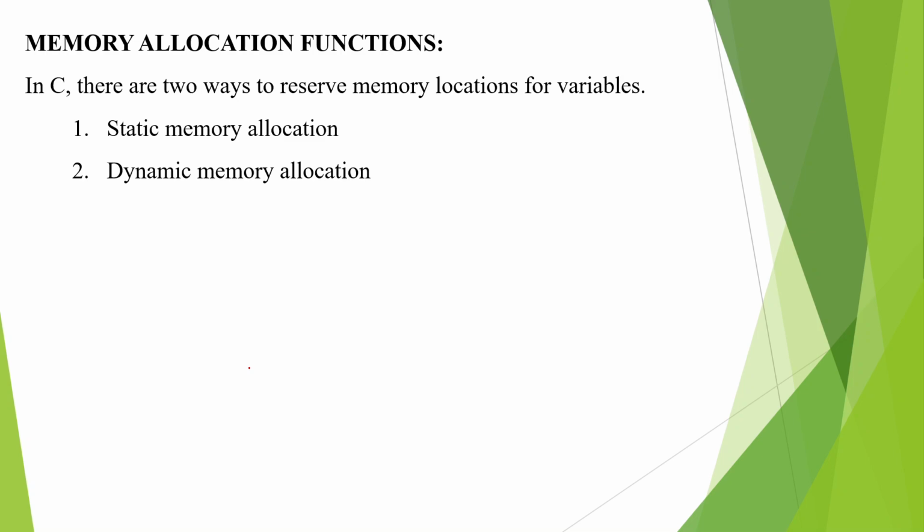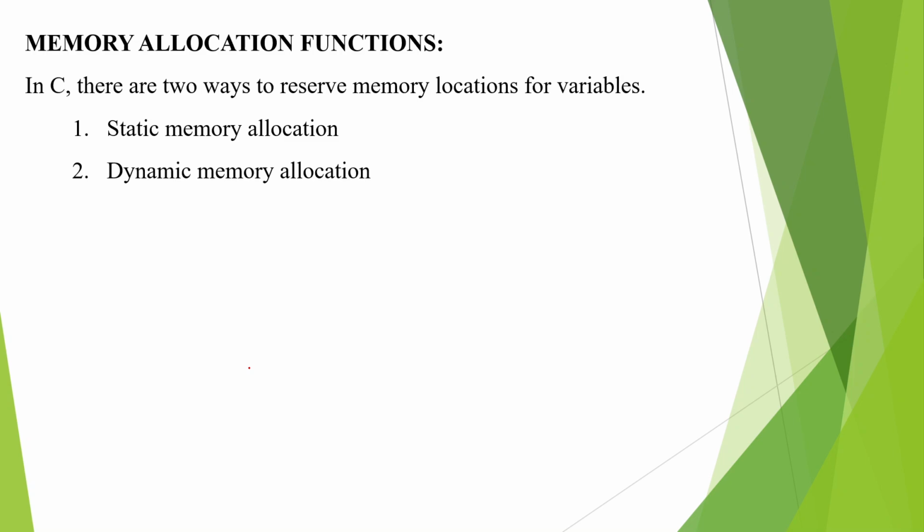Whatever variables we create in our program, we create arrays, pointers, structures, functions, isn't it? All these we have covered so far. Any type of programming construct you create in your program will definitely consume some memory from your computer.